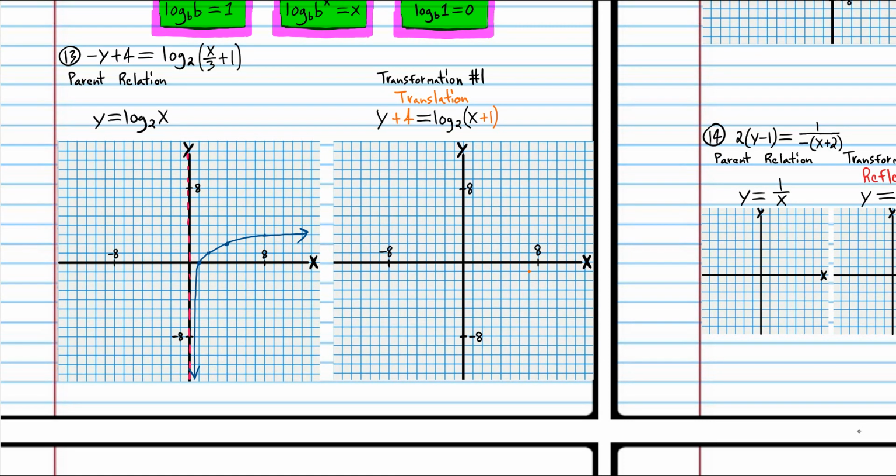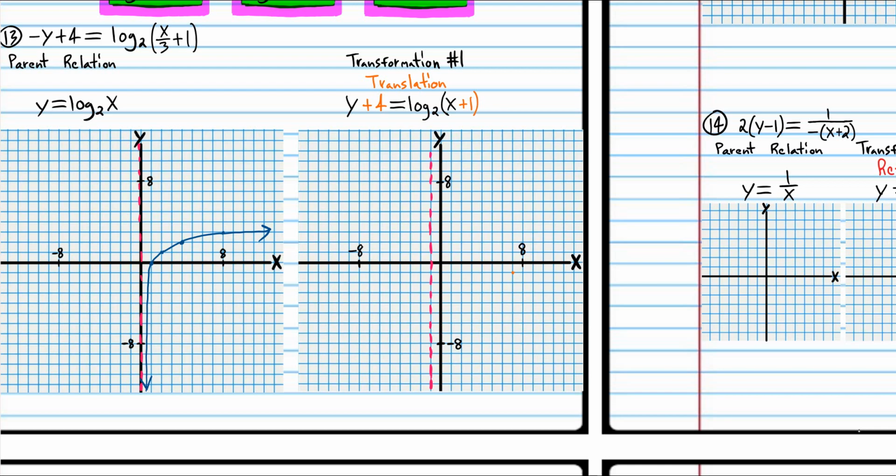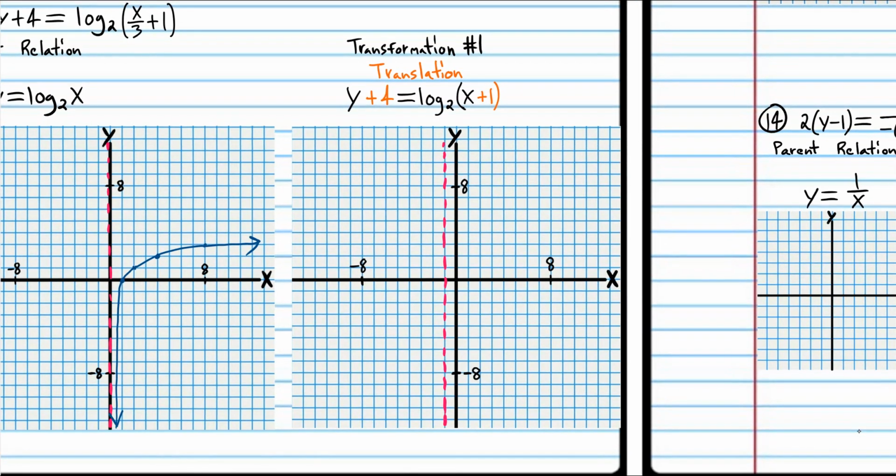So now we just have to modify the previous graph. We're going to translate first, so that asymptote is going to move 1 unit to the left. Vertical movement is not going to change the way the asymptote looks because it's a vertical asymptote. And we're going to move all those points 1 unit to the left and 4 units down. So let's take this point here, and we're going to move it 1 unit to the left and 1, 2, 3, 4 units down.